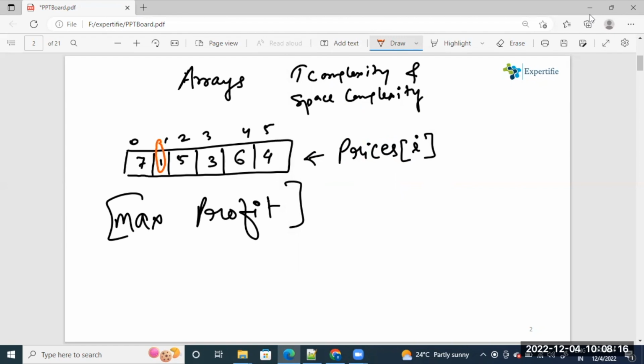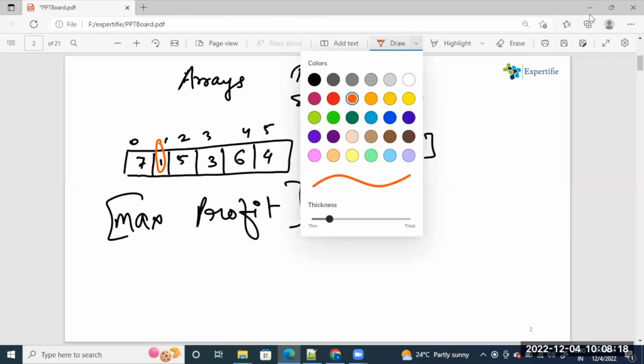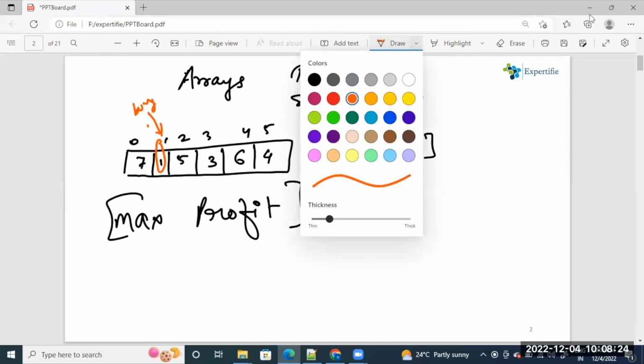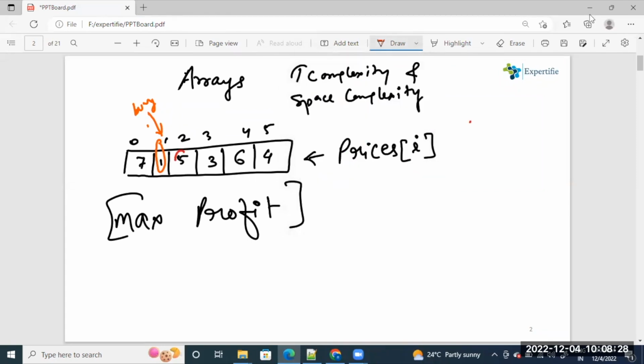Let's say this orange tick is telling about buying. This is buy and sell. Let's say I want to sell at day 5. So how is the profit going to be calculated?